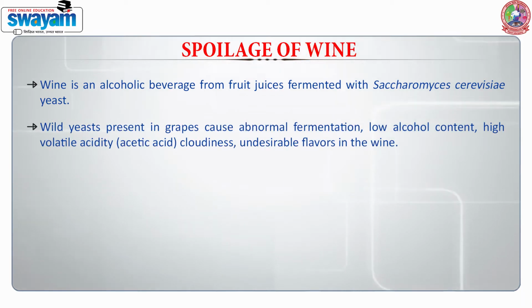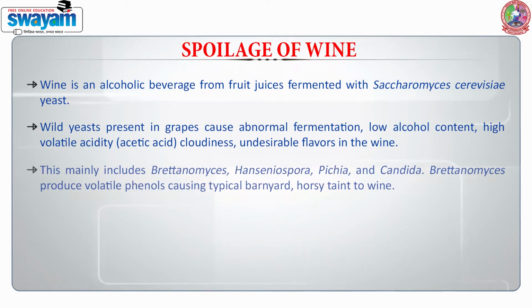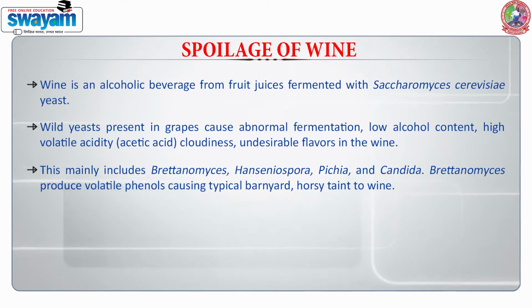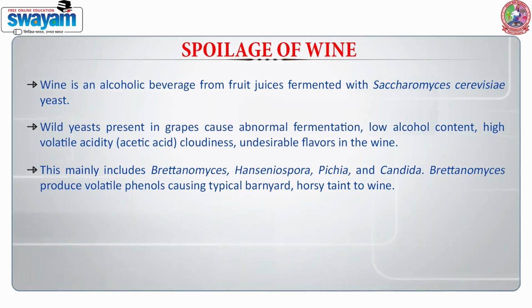Wild yeast present in the grapes causes abnormal fermentation and it yields low alcohol content, high volatile acids like acetic acid, cloudiness and undesirable flavor in the wine. This mainly includes Brettanomyces, Hanseniaspora, Pichia and Candida. These yeast produce volatile phenols, which are responsible for the horsey taint in the wine.